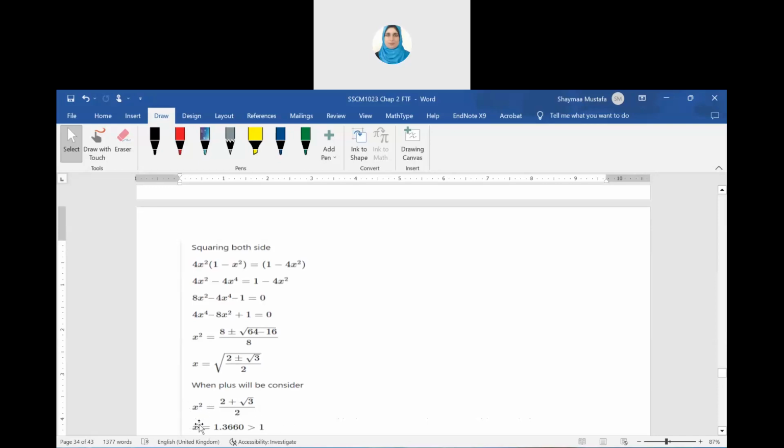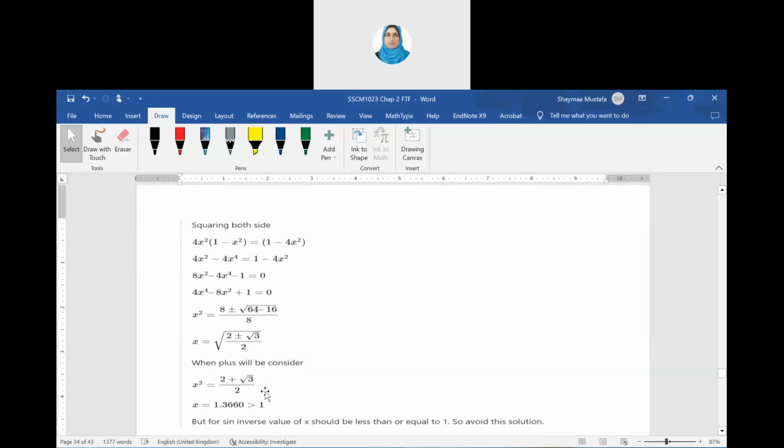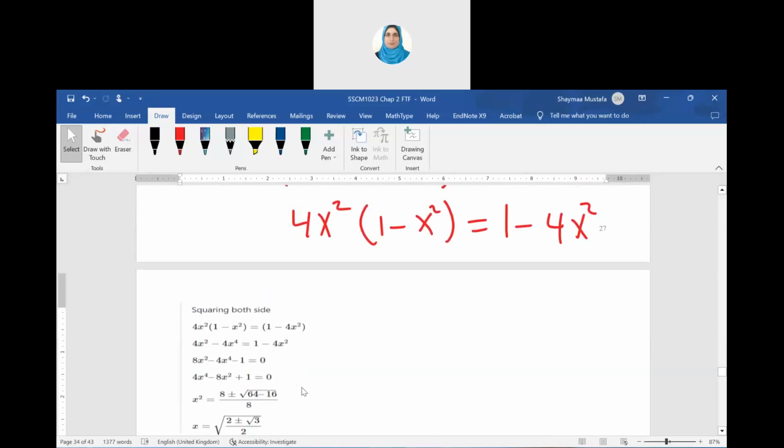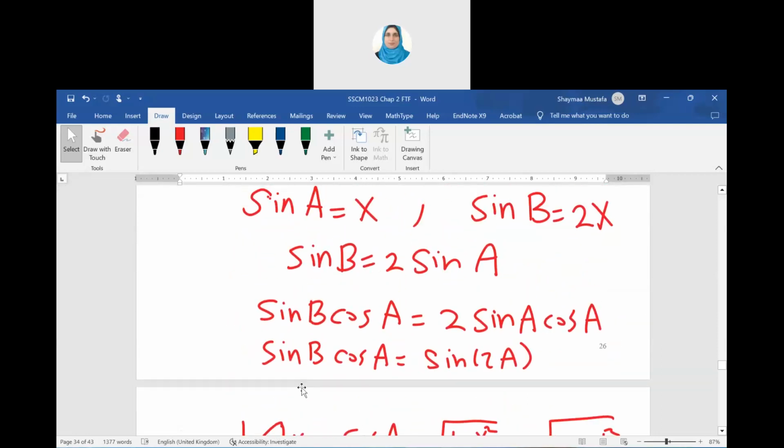So my question is, because we have two values of x, one positive, one negative, and first I calculate the positive one, should we accept or reject? This one you have to reject, because x is more than 1.